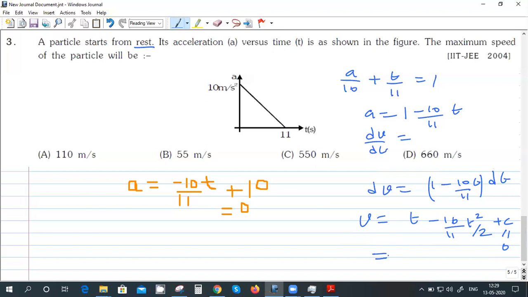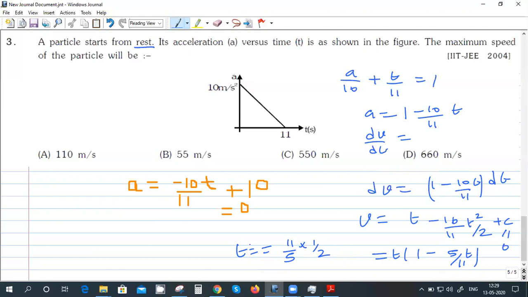So he's asking t into 1 minus 5 by 11 t, right? So t should be 11 by 5, half of it, so 11 by 10. Velocity is maximum at this time.